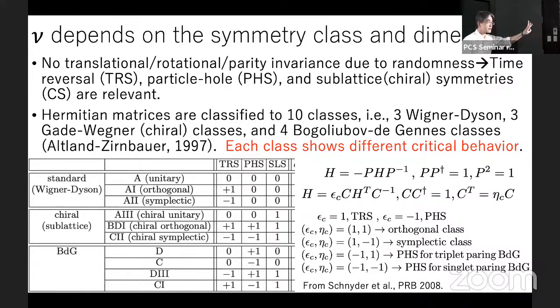So is the particle-hole symmetry. So 3 by 3 is 9. But even without any particle-hole symmetry, there is a possibility that there is a sublattice symmetry. So we need to add 1. So 9 plus 1 is 10, and that completes the classification of the Hermitian random matrices.